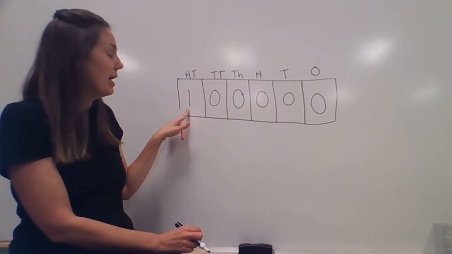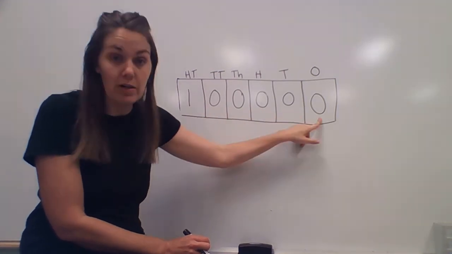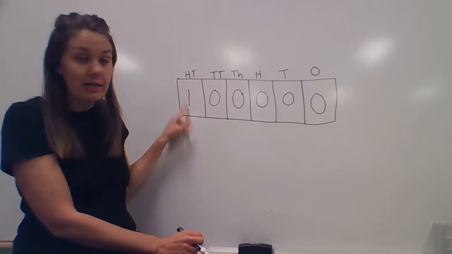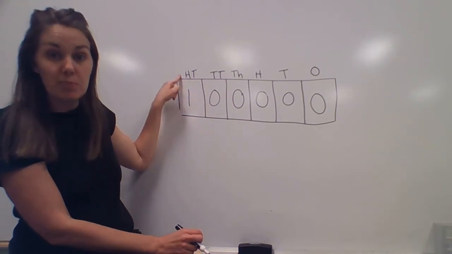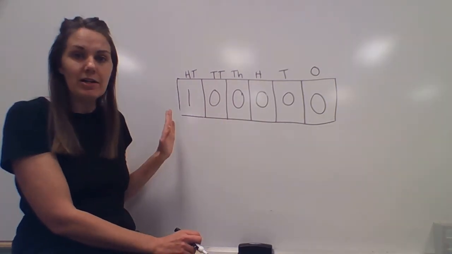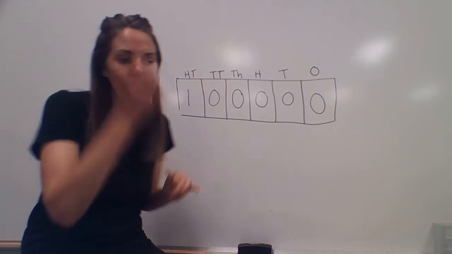So for example, I have digits 1 and 0, 0, 0, 0, 0, but the value of this 1 is that it's in the hundred thousands place. I don't have any other numbers, but it's not just 1, it's 100,000, right?